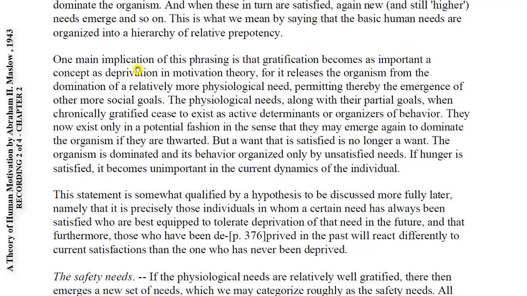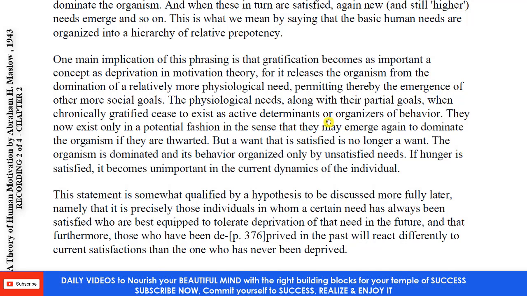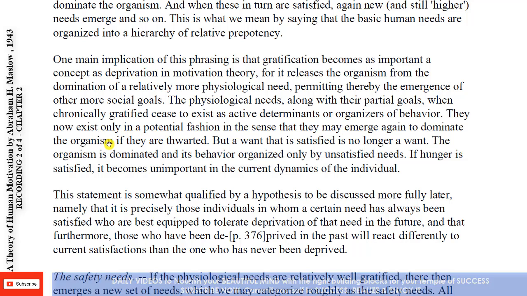One main implication of this phrasing is that gratification becomes as important a concept as deprivation in motivation theory, for it releases the organism from the domination of a relatively more physiological need, permitting thereby the emergence of other, more social goals. The physiological needs, along with their partial goals, when chronically gratified, cease to exist as active determinants or organizers of behavior. They now exist only in a potential fashion, in the sense that they may emerge again to dominate the organism if they are thwarted.